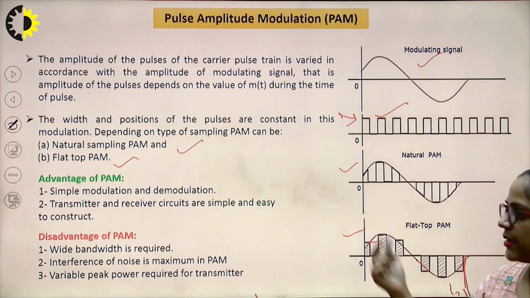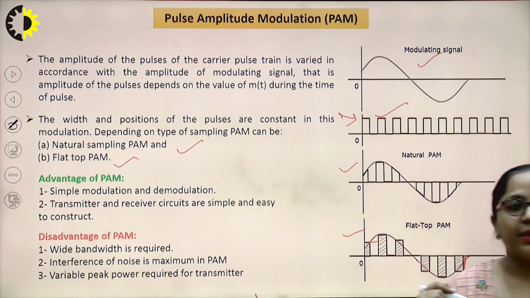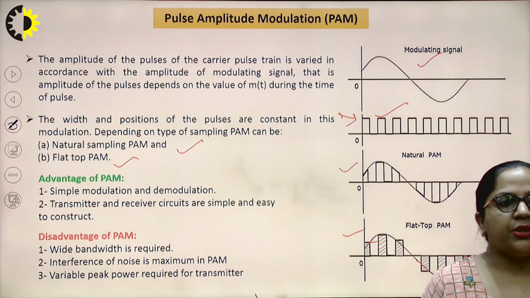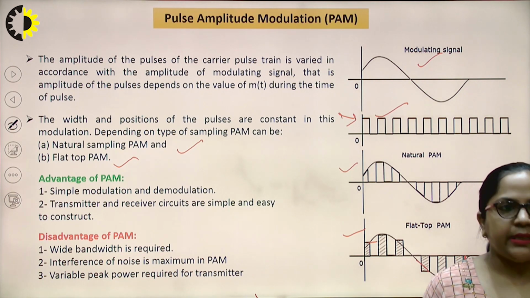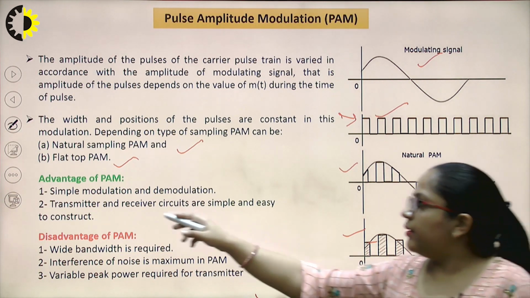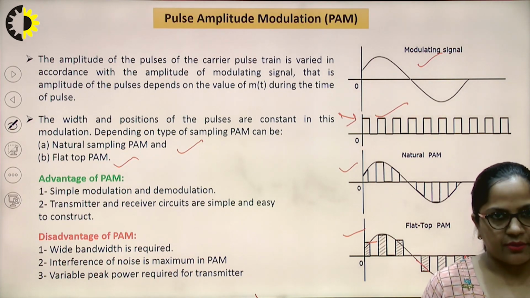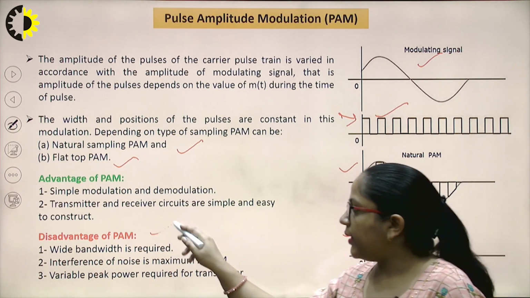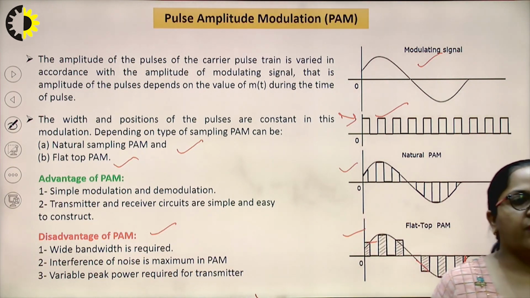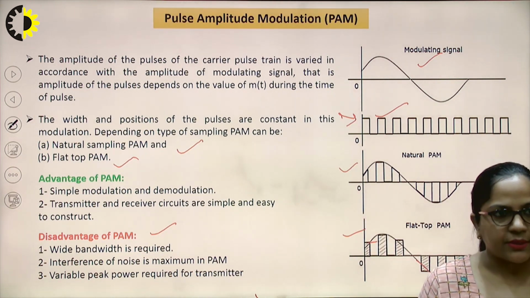What are the advantages and disadvantages of this particular method? The generation and the detection of this method is very much easier. The transmitter and receiver circuitry is very simple and easier to construct. The disadvantages are that in case of pulse amplitude modulation, we require a large bandwidth.